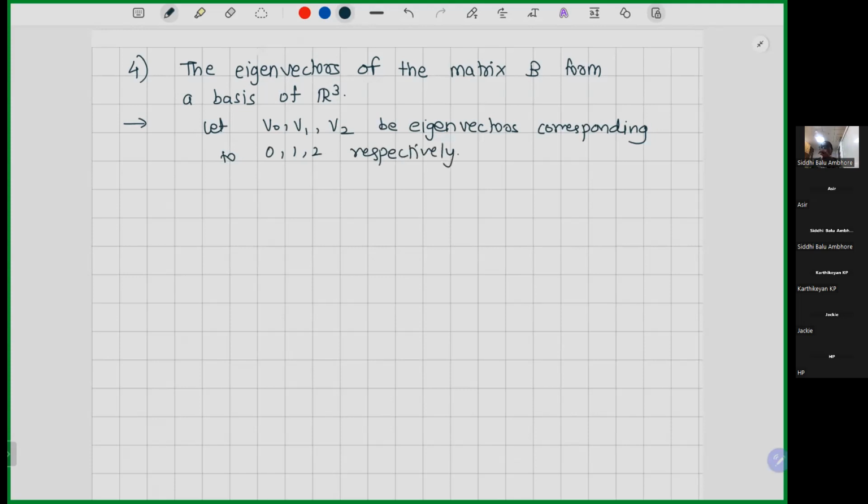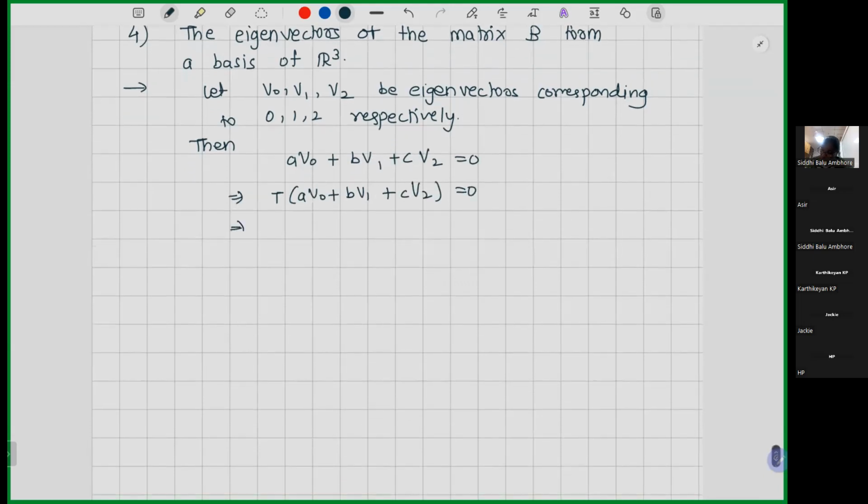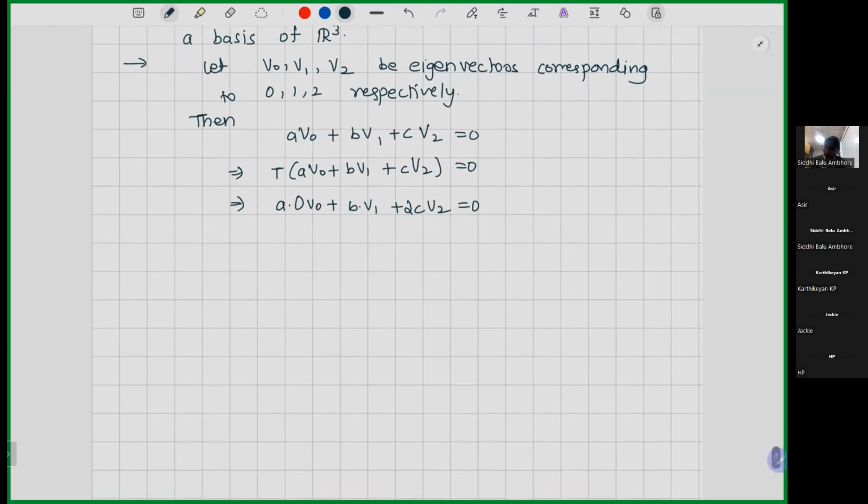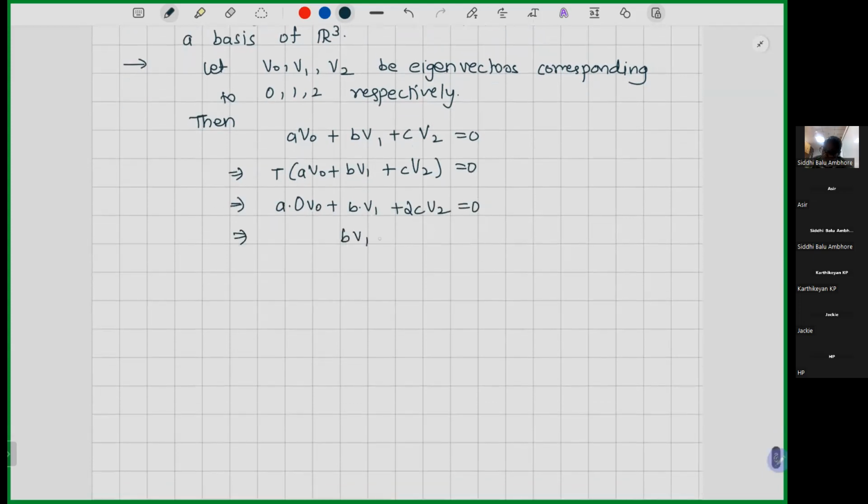Then if A V0 plus B V1 plus C V2 is equal to 0, then T of A V0 plus B V1 plus C V2 is equal to 0. And this is A into 0 V0 plus B V1 plus 2C V2. And this will give me what? B V1 plus 2C V2 is equal to 0.